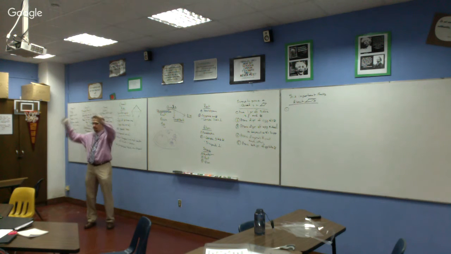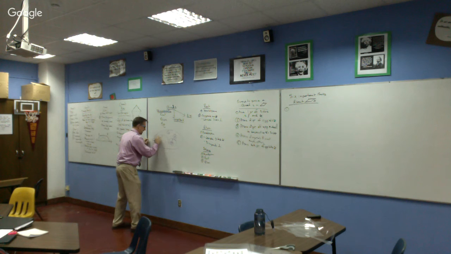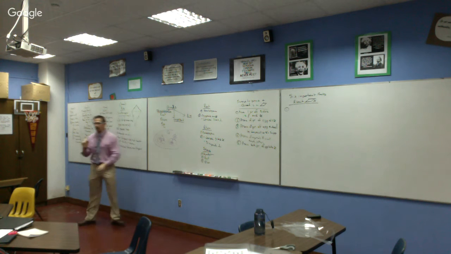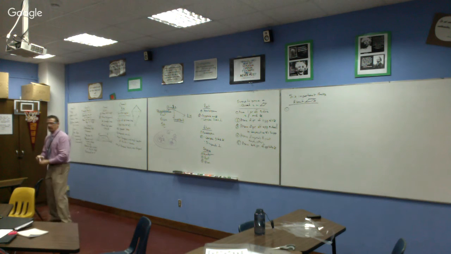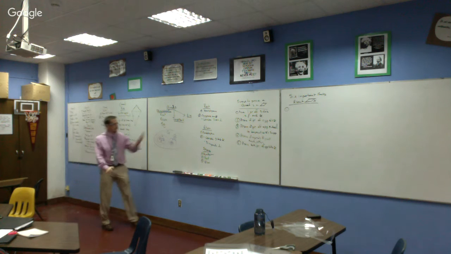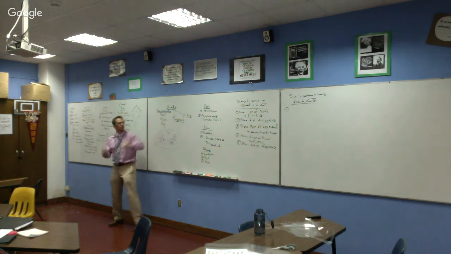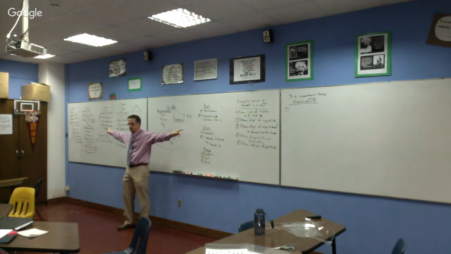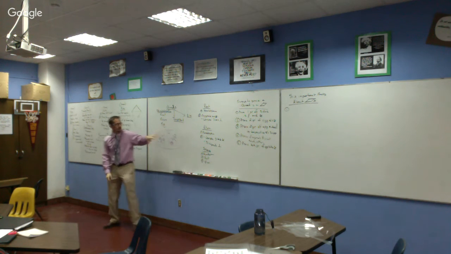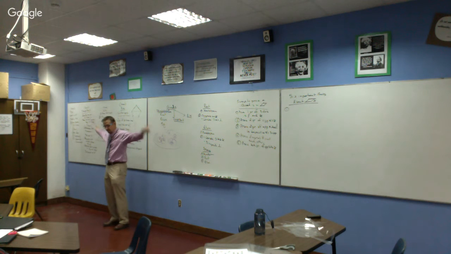We have the rectangle, and we have the rhombus, and inside is the square. Now you've completed this Venn diagram. I know it's really simple, but knowing this Venn diagram will help you when you're trying to classify.